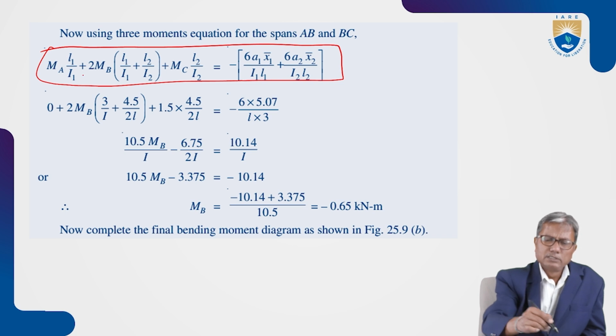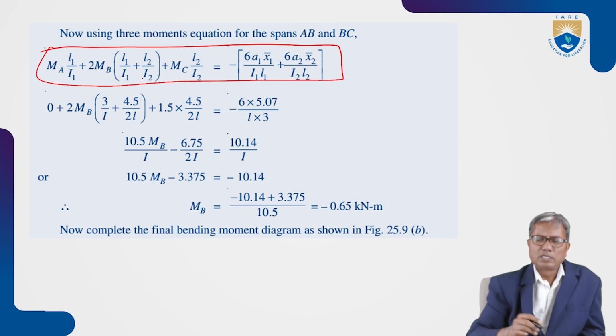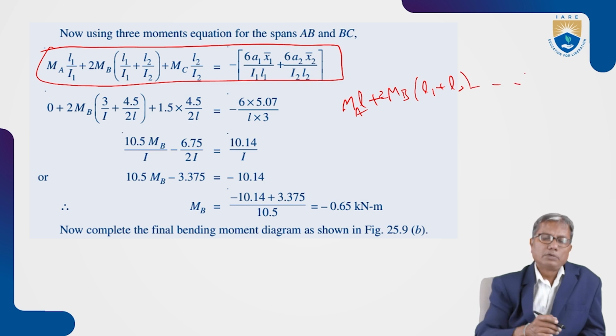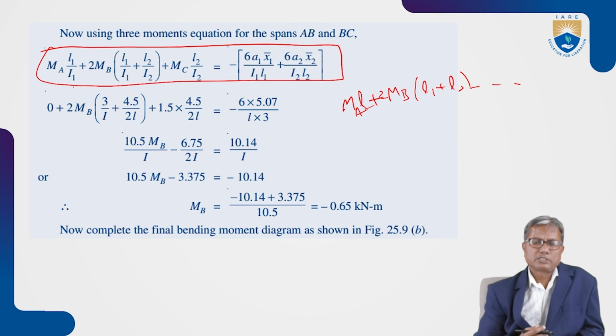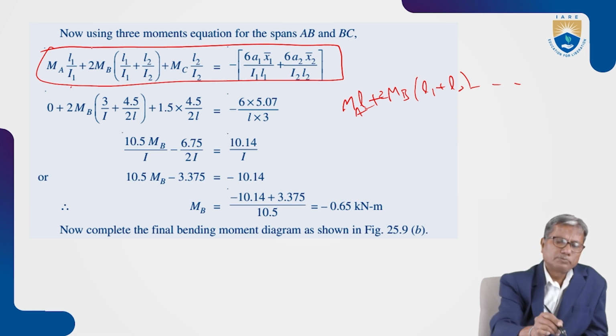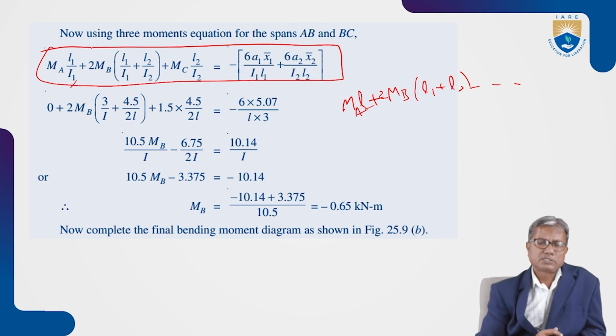If I1 and I2 are equal, the equation will become MA L1 plus 2MB into L1 plus L2 and so on, isn't it? But here, the spans being of different cross sections, we include the I terms.